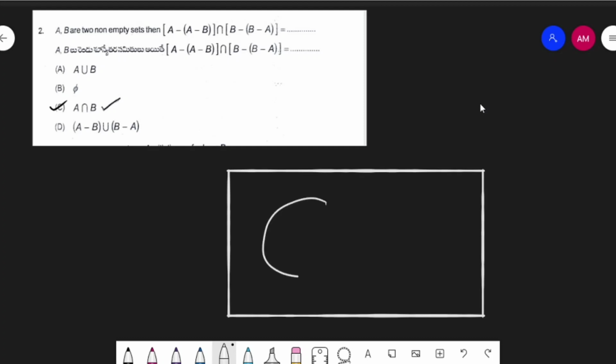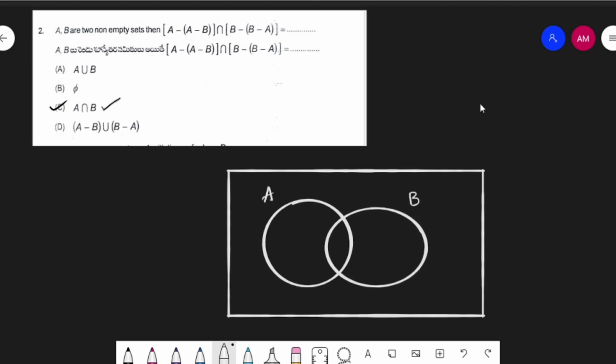This is set A and consider this as set B. What will be this? Only A. Only A means A minus B. And this part will be only B, that is B minus A. And the common part to both A and B will be A intersection B.